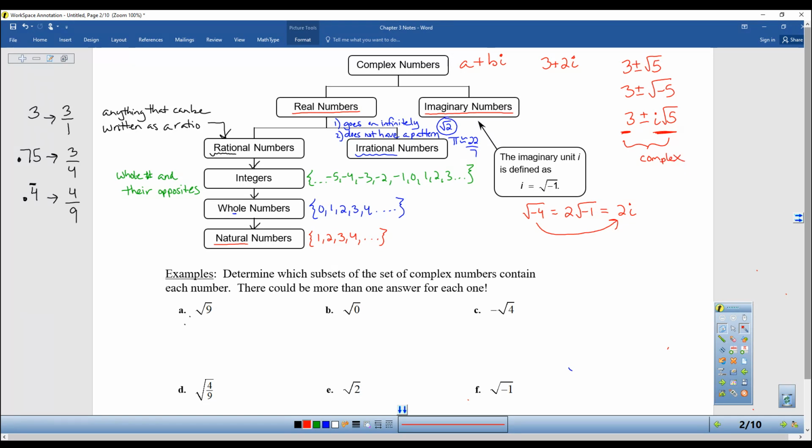All right. So for the following, it says determine which subsets of the set of complex numbers contain each number. There could be more than one answer for them. So take a minute, pause the computer, and see how many of these you can get on your own. Or just don't look while I write them all down.